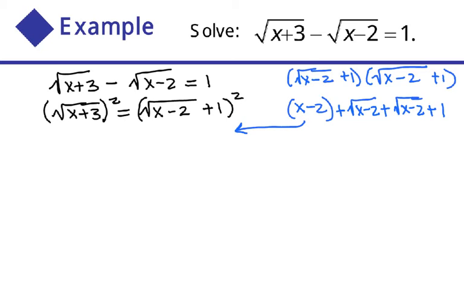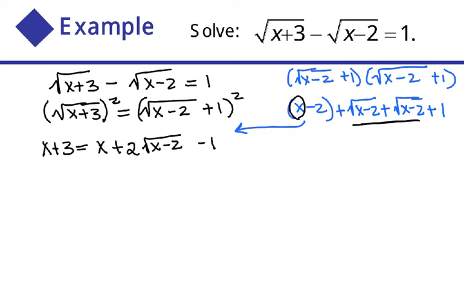So now we have x plus 3 equals, and I'm going to do some combining here, okay? We have x right here. We have 2 square roots of x minus 2. And we have minus 2 and plus 1, so minus 1. So now I have a radical term left. It's this square root of x minus 2.